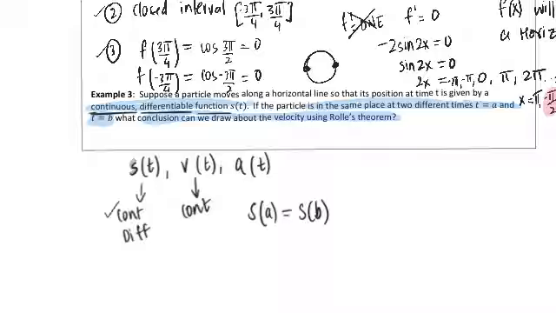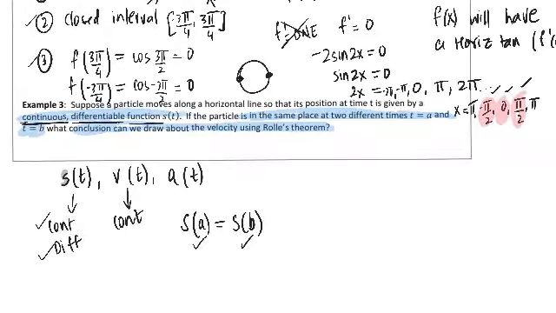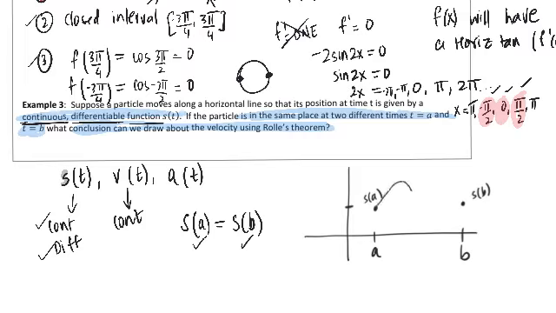Because we have a continuous function, a differentiable function for S, and S of A equals S of B. So what we're really saying is that the particle is doing something continuous between A and B. Not only is it continuous, it's differentiable. It's smooth between A and B. And we started at some position, S of A, that's the y value there, and we are ending at that same position, S of B, right? So that means that the function had to turn, and it basically had to turn in a smooth way. And that's Rolle's theorem, right?